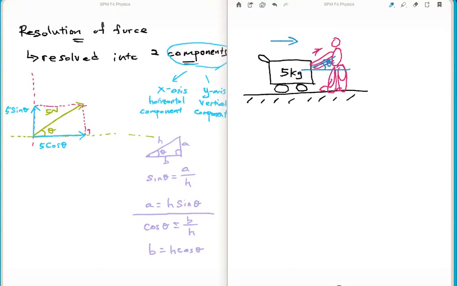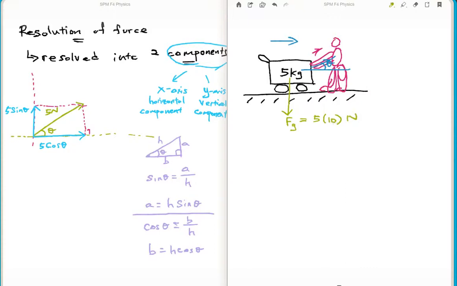Since this object is 5 kg, the weight caused by the gravitational pull would be 5 times 10, 50 Newton, where 10 is the acceleration of gravity.